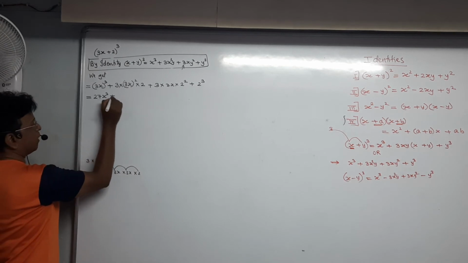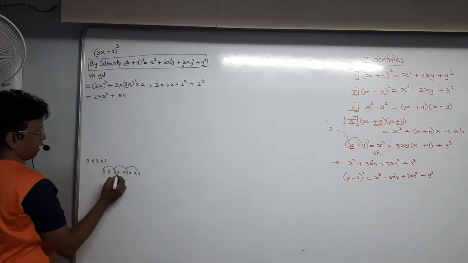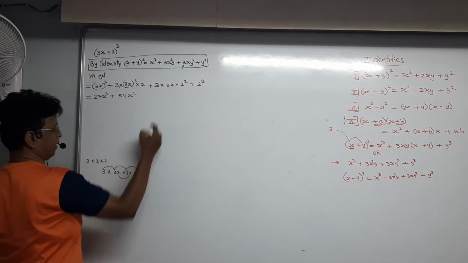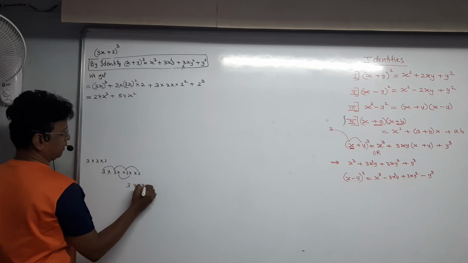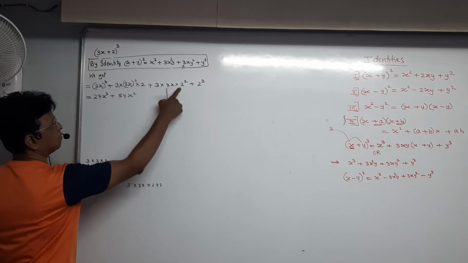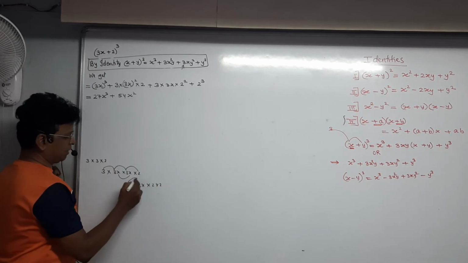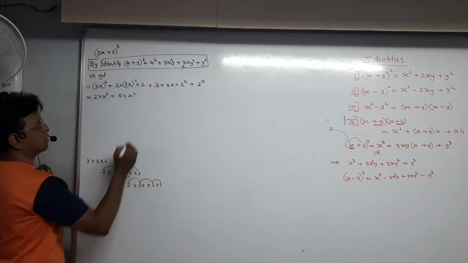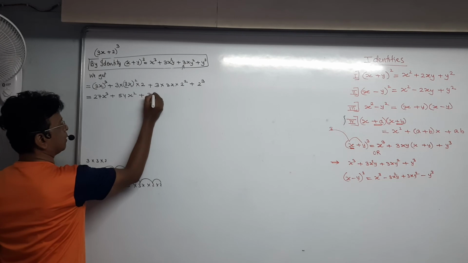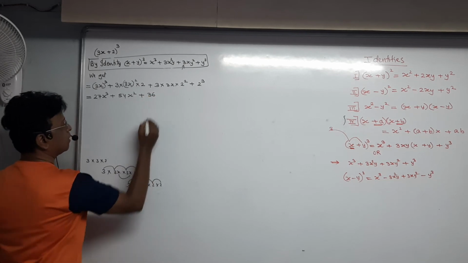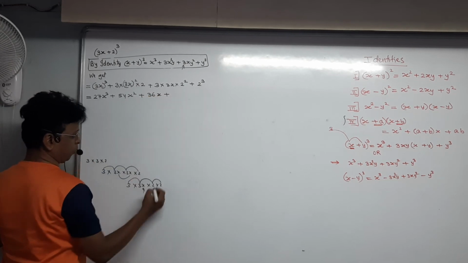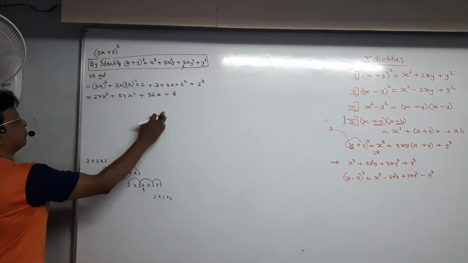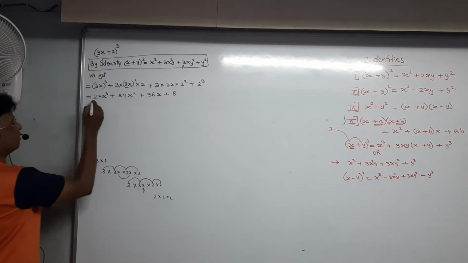So this will become plus 54x square. This will become 3 into 3x into 2 into 2. So 3 3s are 9, 4 9s are 36, plus 36x, this time it is only 1x. 2 cube is 2 into 2 into 2, that will be 8. No like terms over here. This is your final answer.